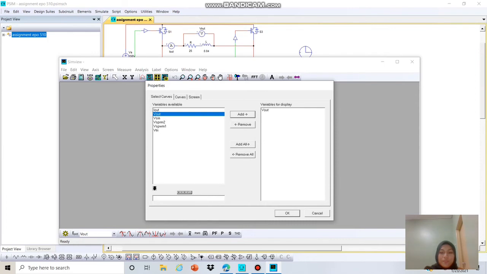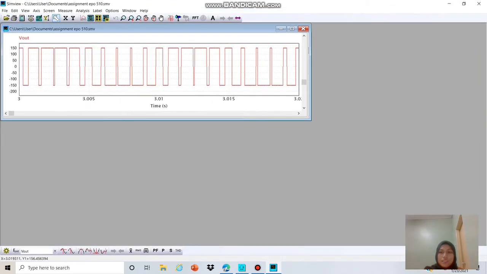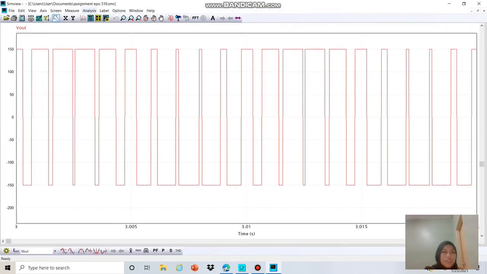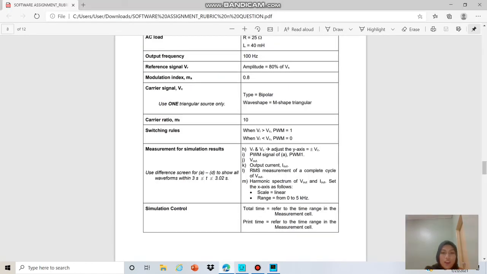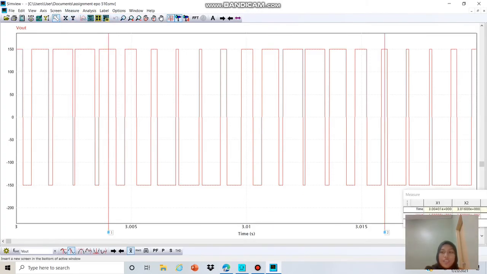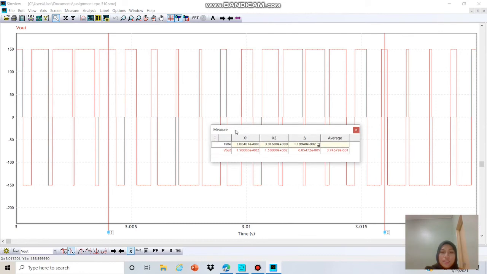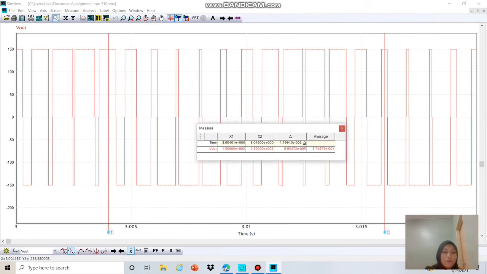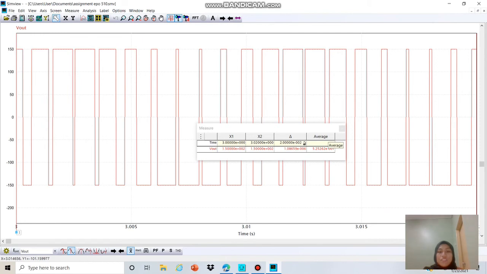Then the question asks for the RMS measurement. So click the measure tab, measure again, and take the time from 3 seconds to 3.02 seconds, and the average output voltage RMS is 0.525262 volt.